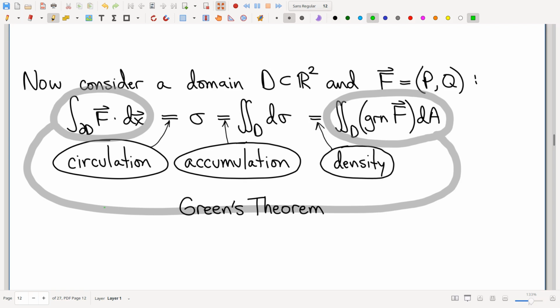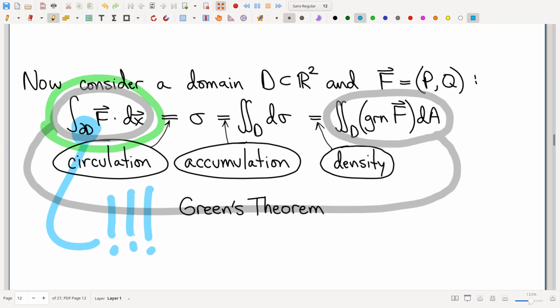But notice, this does not tell you how to compute any old line integral you want. Green's theorem specifically only allows you to compute a line integral on a boundary, right? So this is a really big point. Boundary, right there. Right? Now again, subtle, right? But Green's theorem only tells you how to compute line integrals, vector line integrals on boundaries.